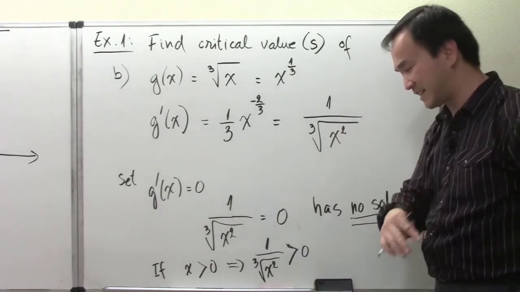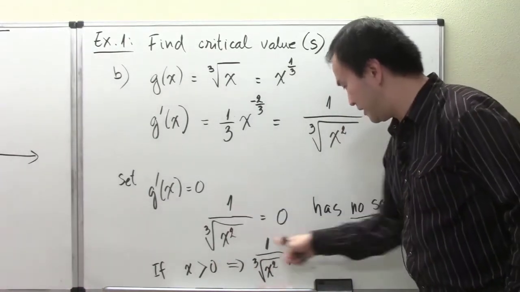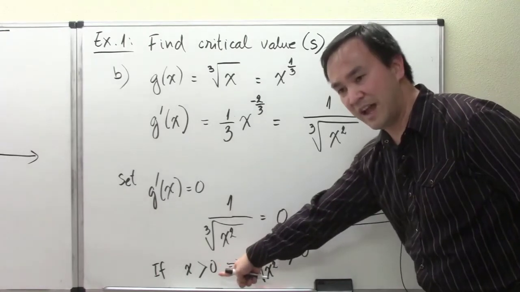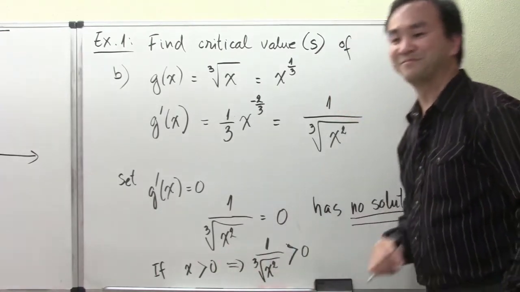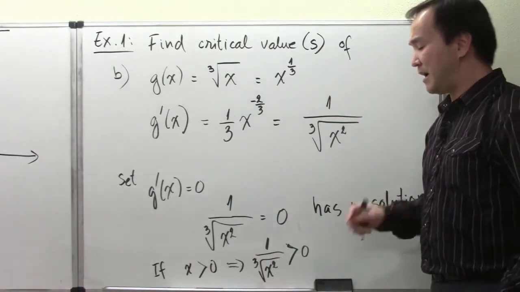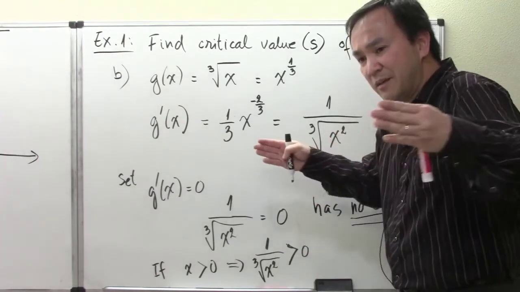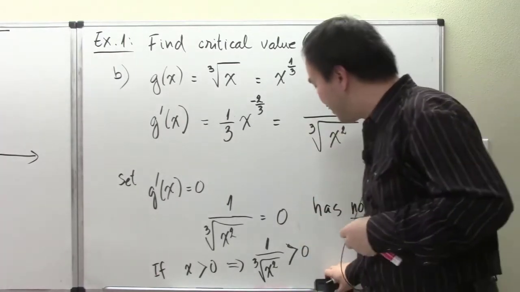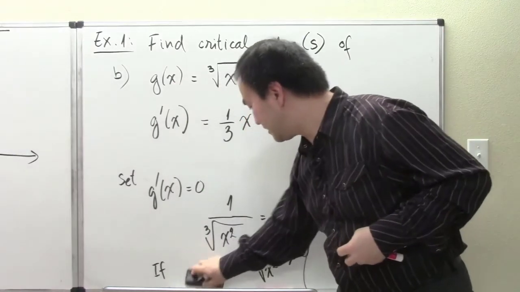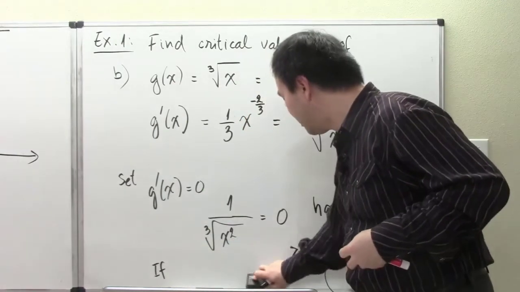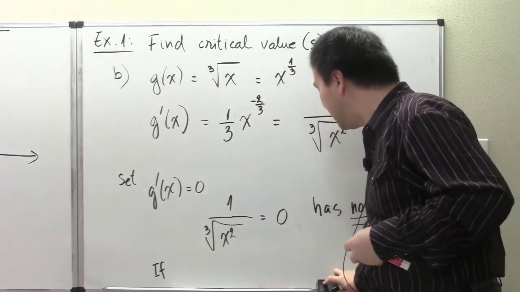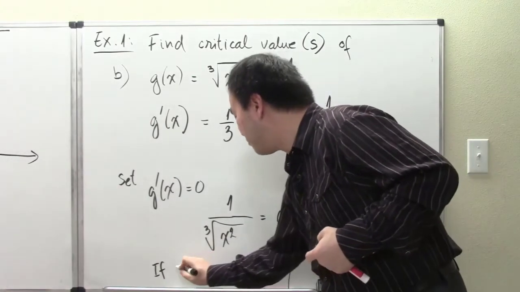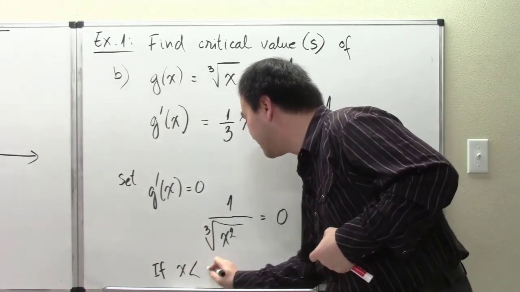We can't have a solution being positive. Okay, so what about in the entire line of real numbers? X greater than 0 is not the only choice. So what about when x is less than 0, when x is a negative value?